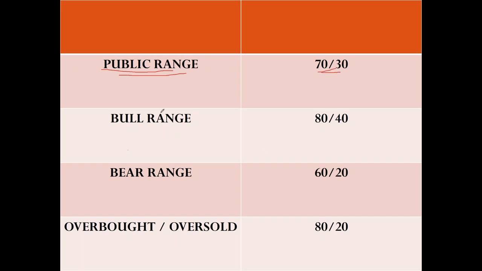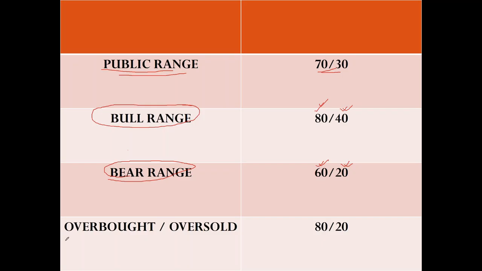Now, when the market is in a bull range, making higher highs and higher lows and the momentum is supporting, the overbought level becomes 80 and the oversold level becomes 40. And when the market is in a bear range, the overbought level becomes 60 and the oversold level becomes 20.